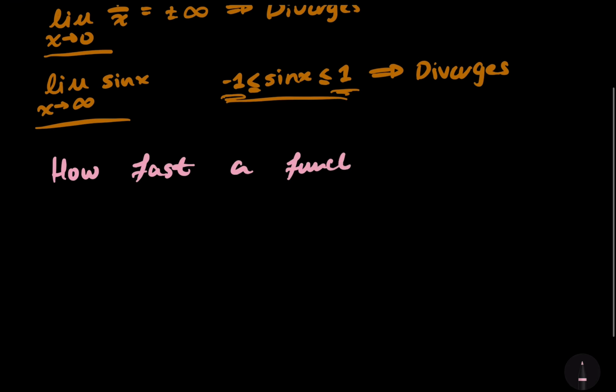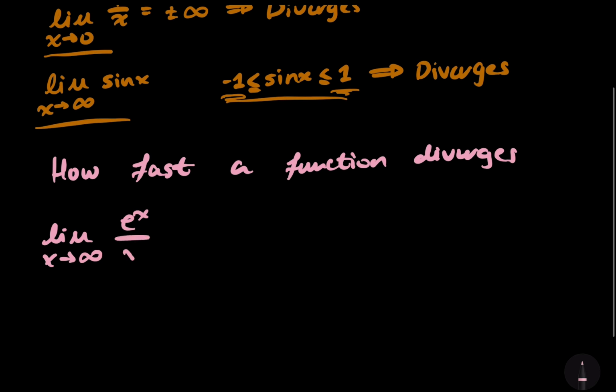A very good example of this would be the limit as x approaches infinity of e to the x over x squared. If we supposedly input infinity into this function, we essentially get infinity over infinity. Both of these things diverge, and they both diverge quite quickly.